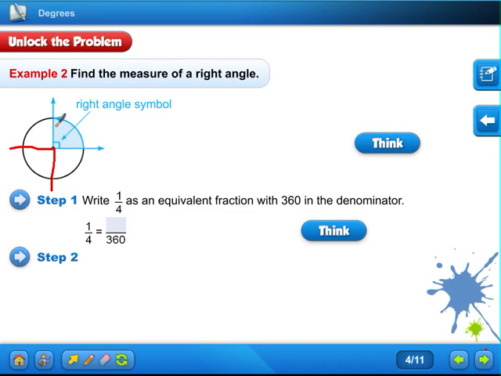Well, I remember when we were doing this in previous lessons, to figure out the denominator or the numerator, whatever you do to the bottom, you have to do to the top.